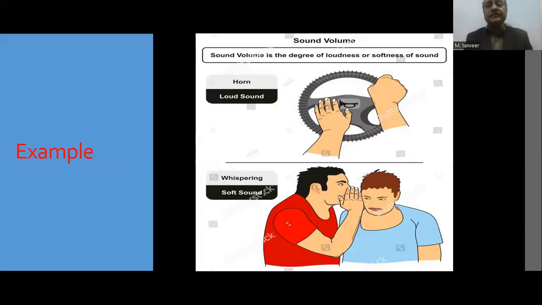Even without seeing, we can hear the horn and the whispering and say which sound is loud and which is faint. So it is the characteristic by which we can easily distinguish between a loud sound and a faint sound.